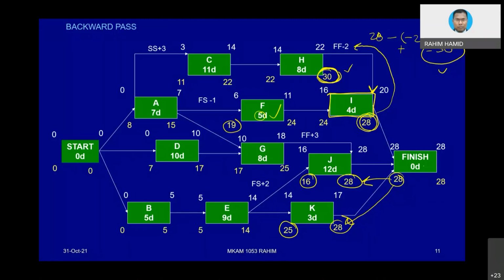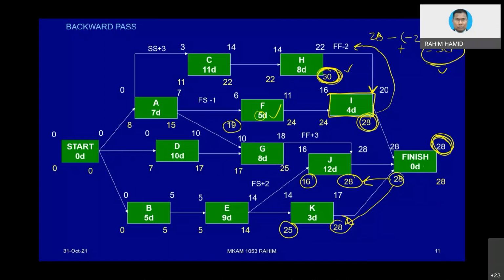Why? Because 30. How come suddenly we get 30? Remember, our project finish date is on 28 days. You cannot go beyond this from the calculation wise. But if we do the calculation from this concept, it seems to be correct.